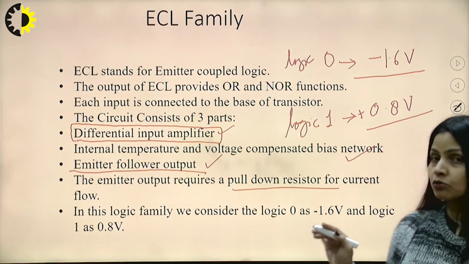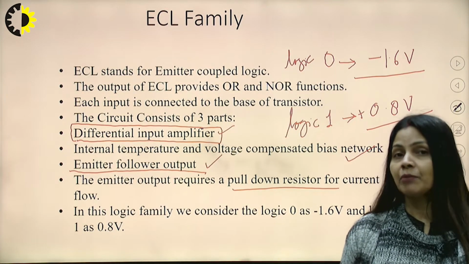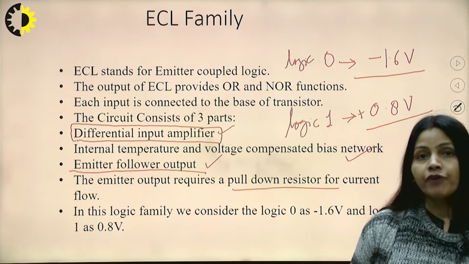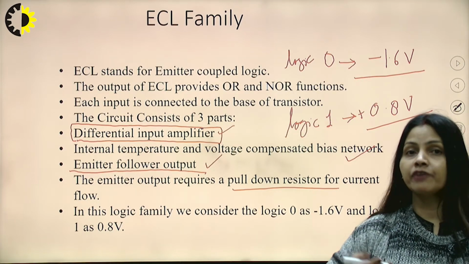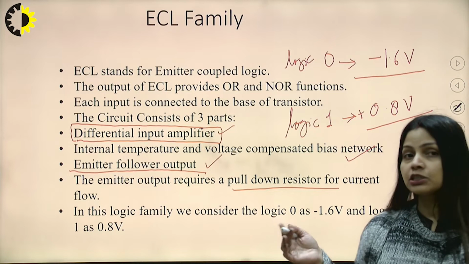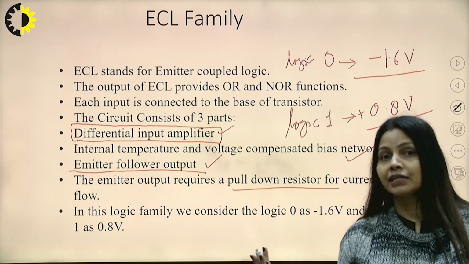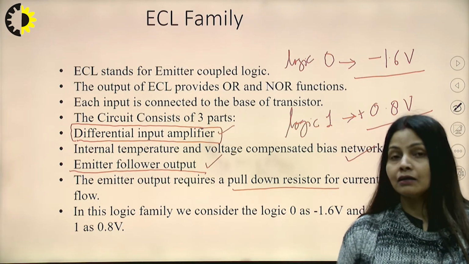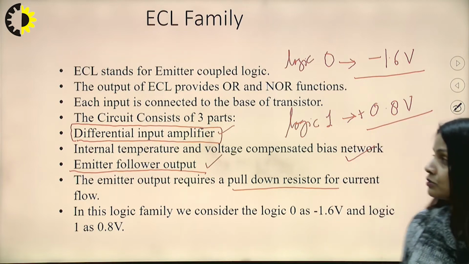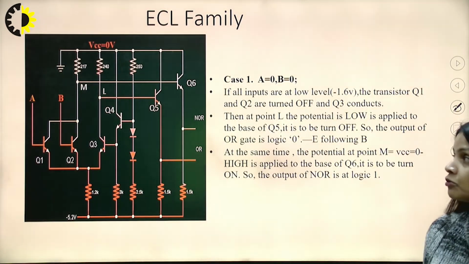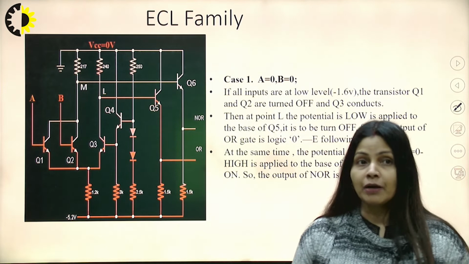This is also important, and hence the ECL family is a little faster than other logic families. The transistors which we are employing in the circuit do not go into saturation.